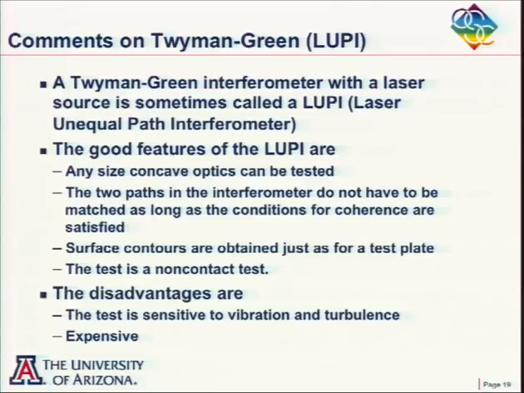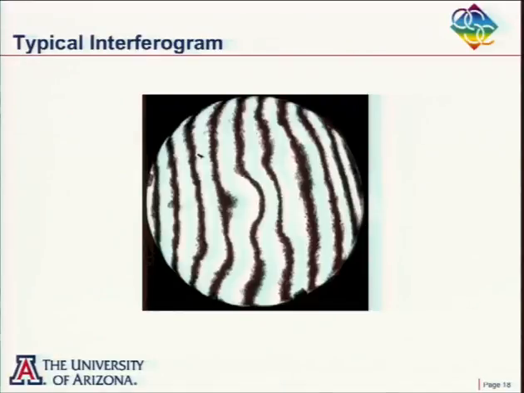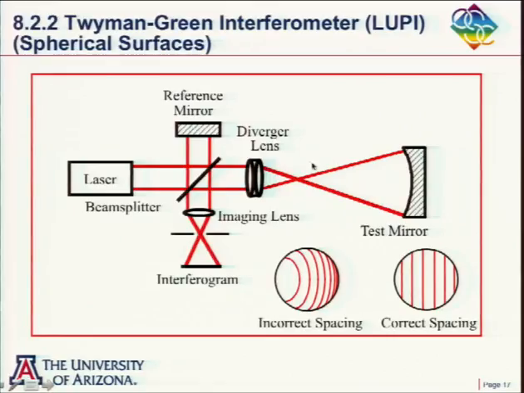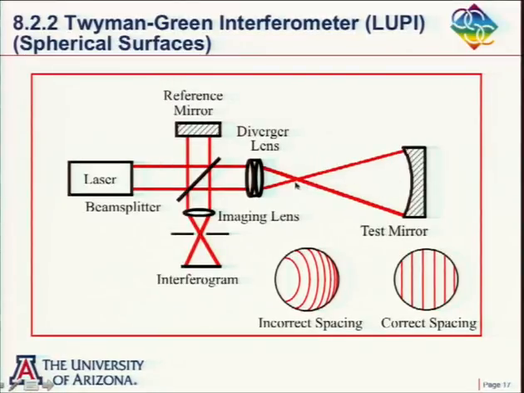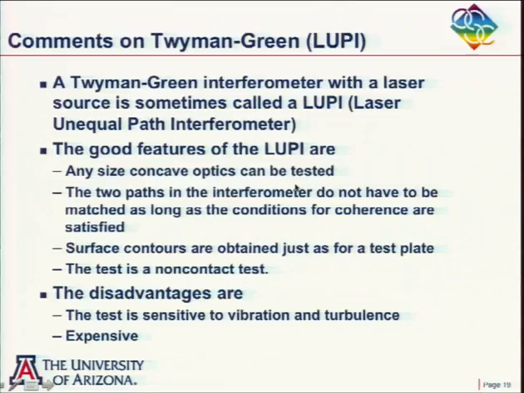So the good features, I mean, I love the LUPI. I absolutely love it. Good features are that any size concave optics can be tested. All we have to do is make sure that the beam is diverging fast enough to fill the surface when it's placed so the center of curvature is at the focus of this lens.